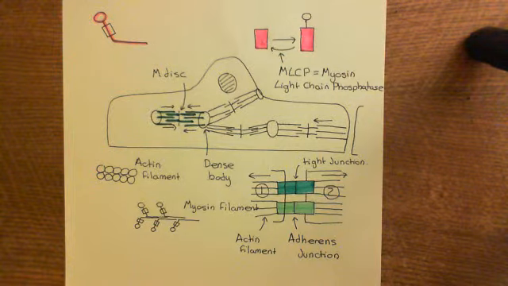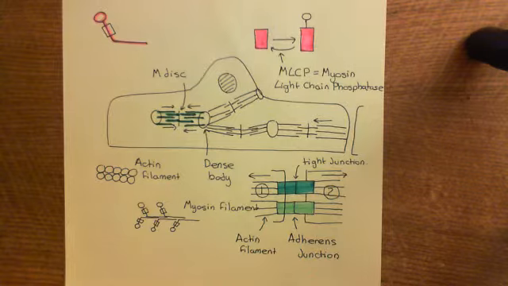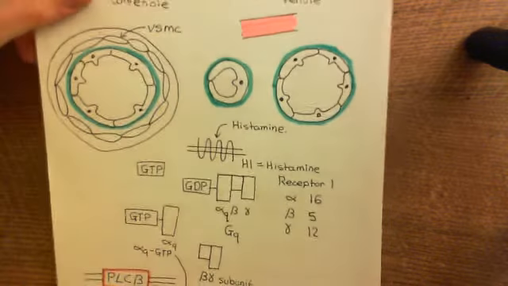So we now need to look at what pathway within type 1 activation leads to myosin light chain phosphatase inactivation, and this is where we're going to come back to this beta gamma subunit that we have abandoned for so long.